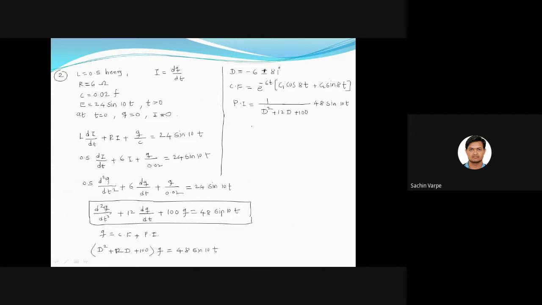So we can take 48 outside into 1 upon (D square plus 12D plus 100) operated on sine 10t. So what does the sine rule say? Replace D square by minus a square. So replace D square by minus 10 square.